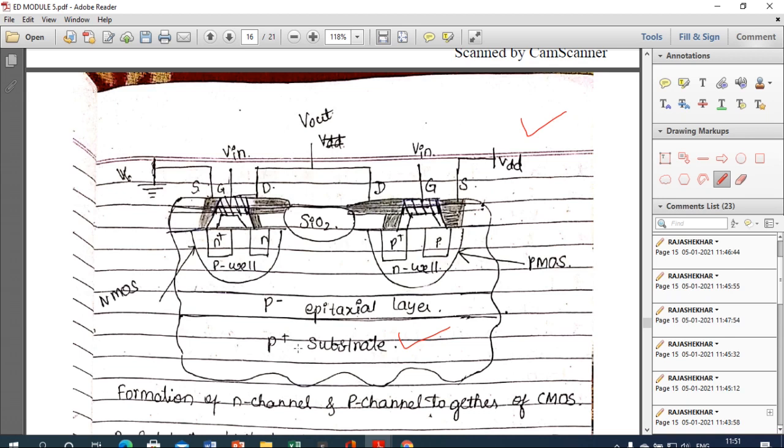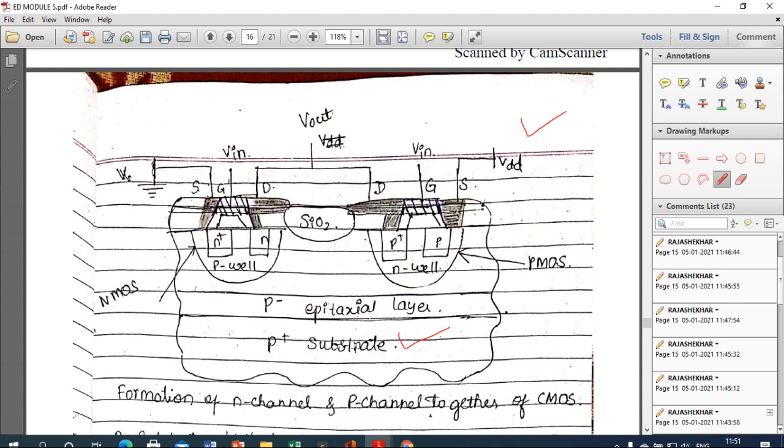P plus means this substrate is of P type material, where plus indicates the hole concentration is very high. So the concentration of holes in this substrate is very large.